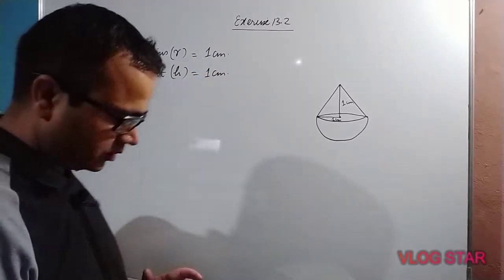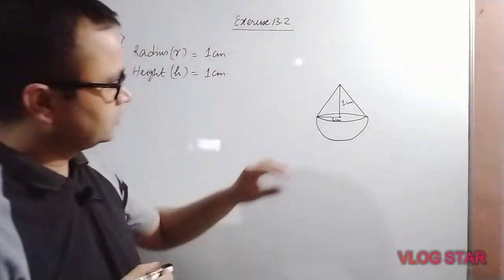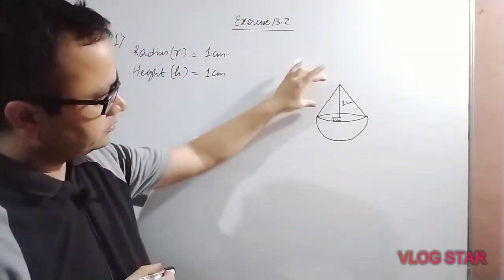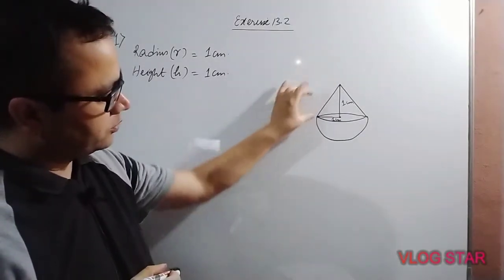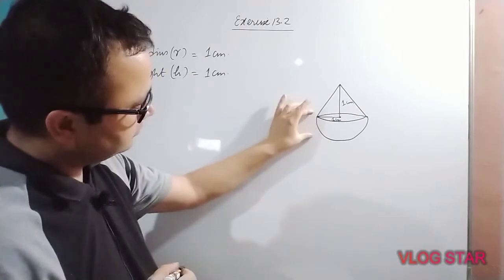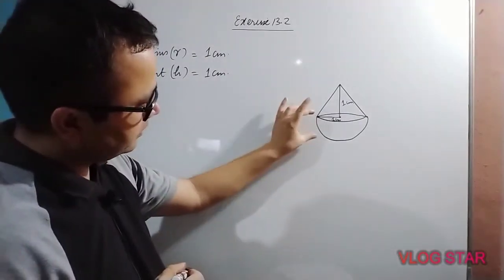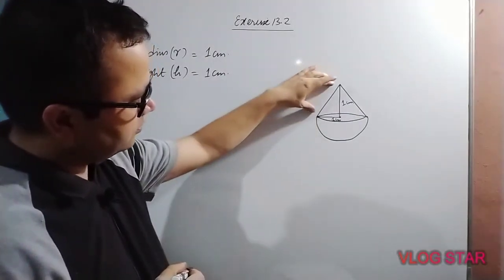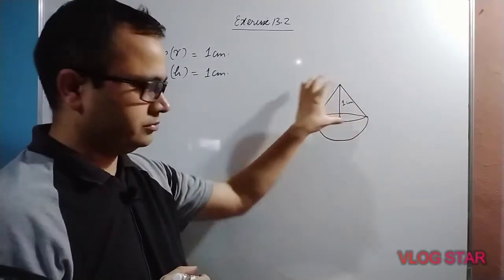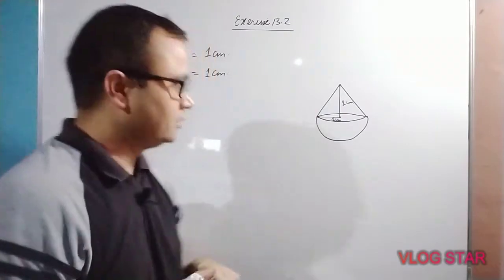For the combined volume, we should add the volumes of the components of this solid. The volume of the hemisphere plus the volume of the cone gives the volume of the entire solid.